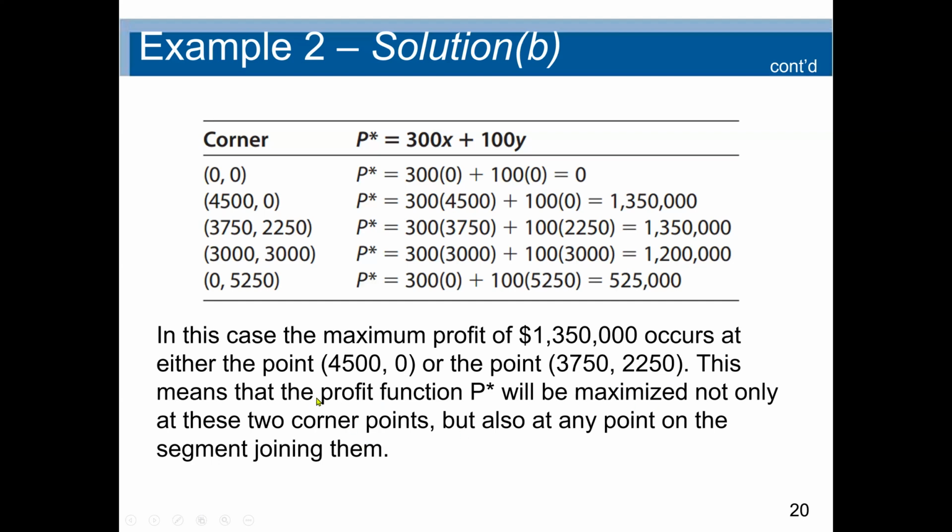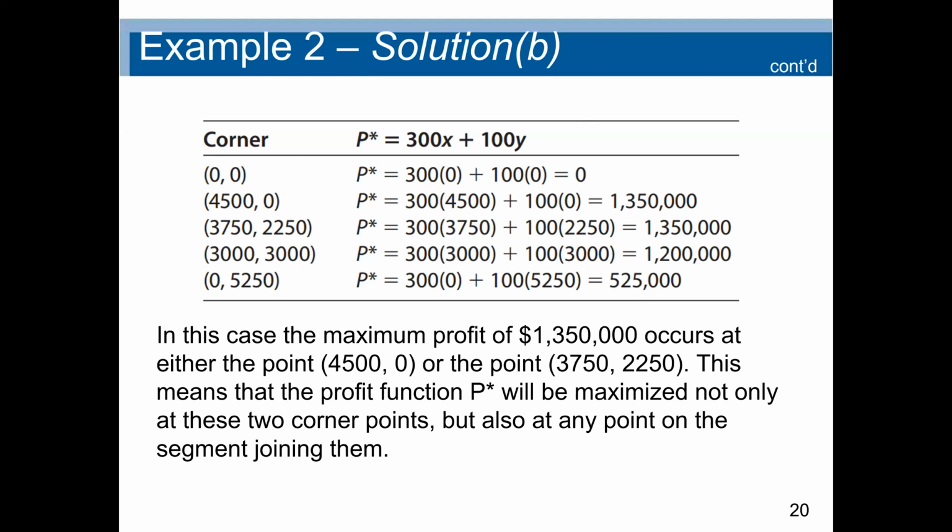This means that the new profit function will be maximized not only at these two corner points, but also at any other point on the segment joining them. So what we mean is, let's go back to the graph and look at these 2 points.